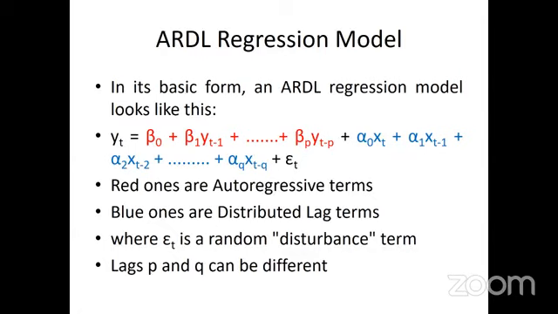That's the reason we say it is an autoregressive distributed lag model. Clear? And Et is a random disturbance term, or we say that we want white noise in it, or rather it should be stationary, right? Lags P and Q can be different and they should be different. Any questions? Please ask.